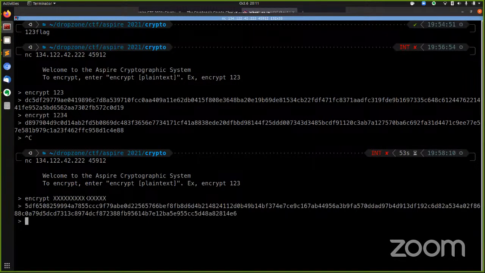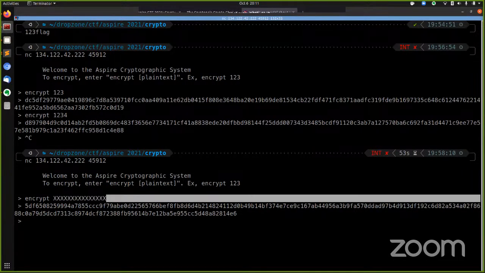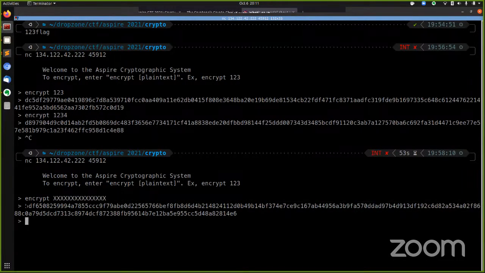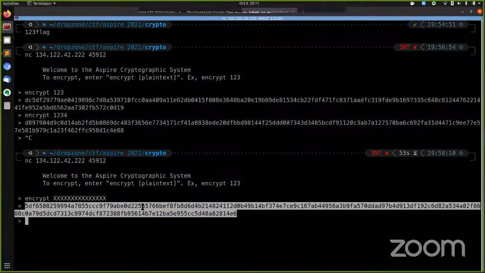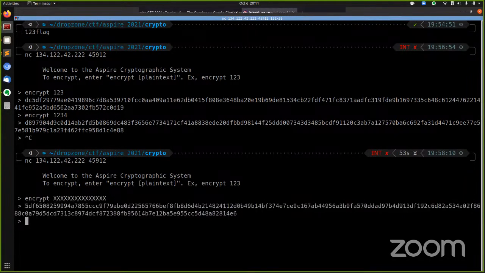So ideally, what happens when we send 15 X's is that it will append our flag here, then encrypt the message for us and show us the ciphertext. So we know that the first 16 bytes, these are hex, are the first block being encrypted.